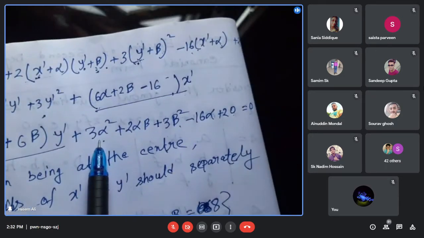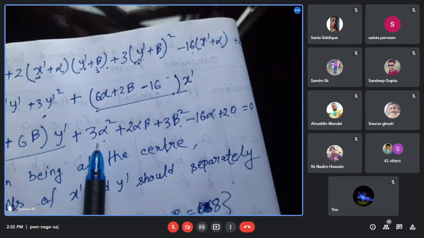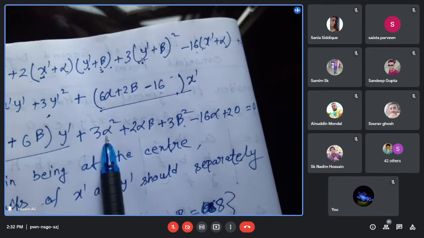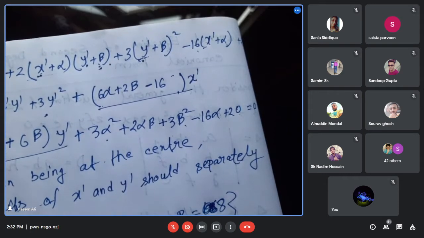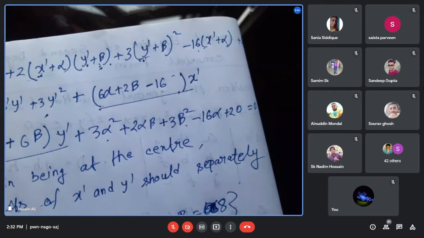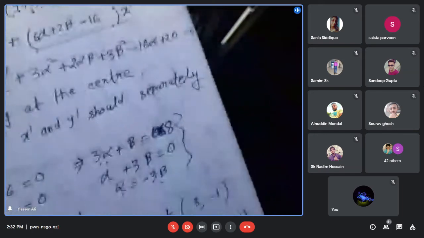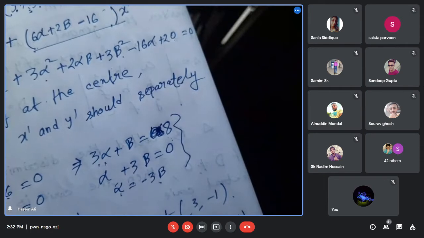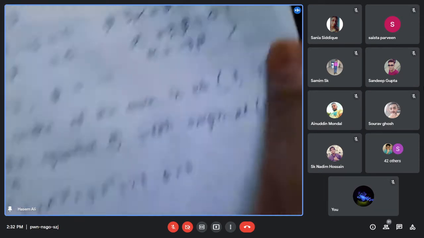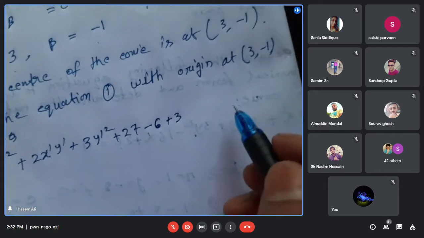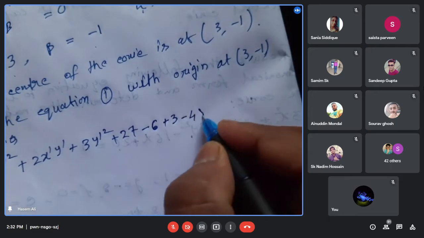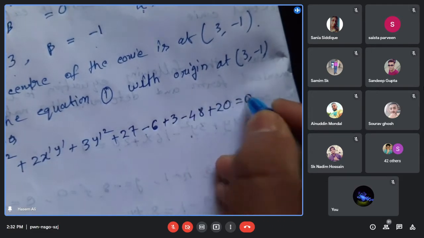Now just put the values of alpha and beta here. 3 alpha square means 27. 2 alpha beta means minus 6. 3 beta square means 3. 27 minus 6 plus 3 minus 16 alpha. 16 alpha means minus 48 plus 20 equals 0.